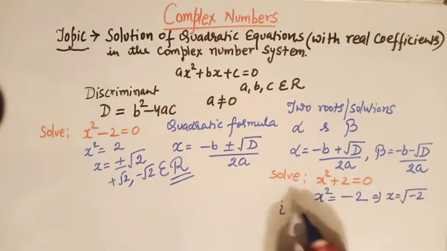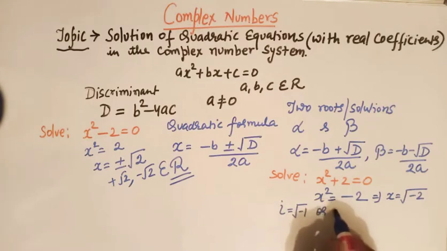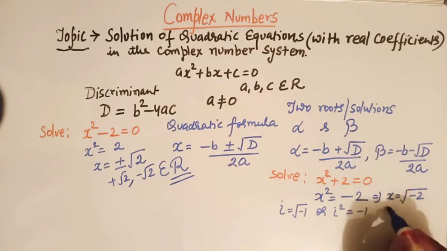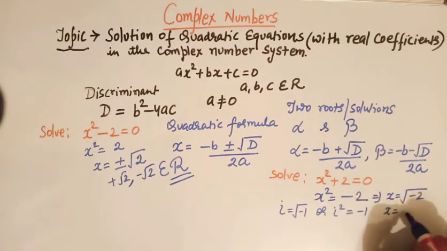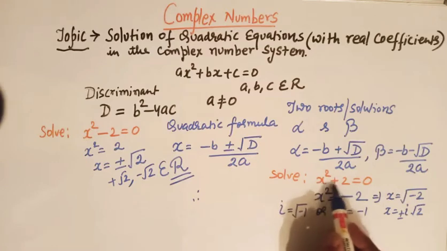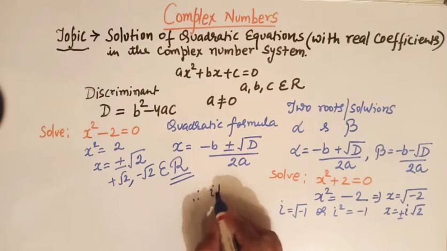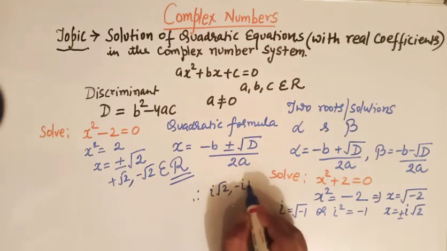And we know that iota i is equal to square root of minus 1, or i square is equal to minus 1. So therefore x can be written as i root 2, and here we will write plus minus. So therefore the two roots of this quadratic equation are i root 2 and minus i root 2.